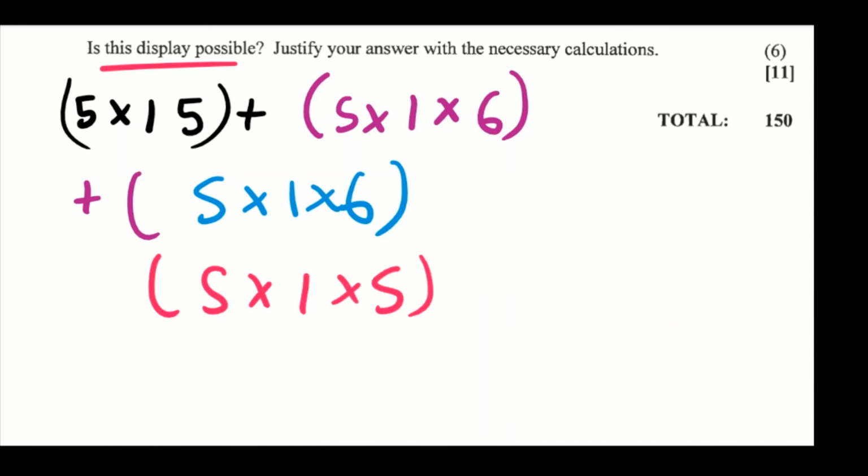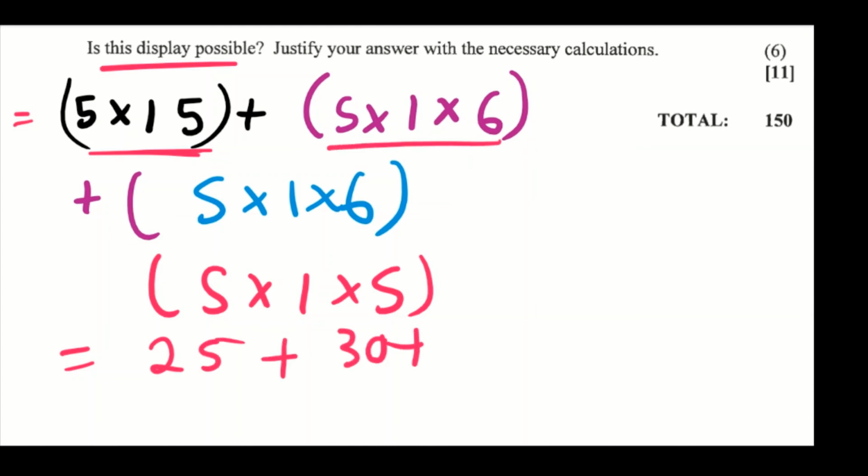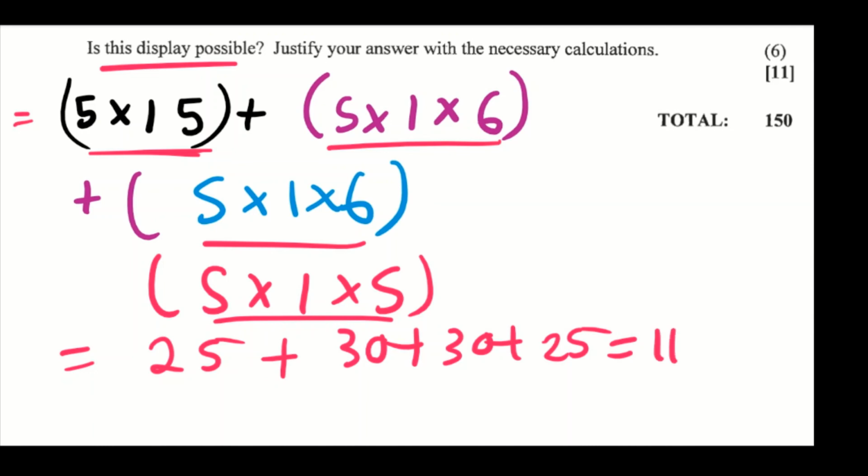So we're just going to add all these: this one here is 25, plus this, which is 30, plus this, which is 30, plus this, which is 25. When you add them together, you should get 110.